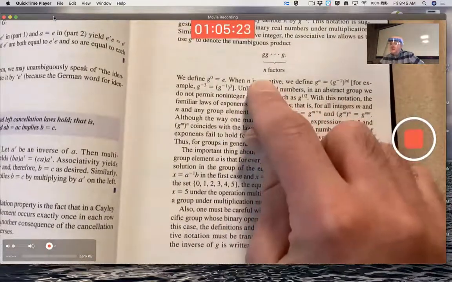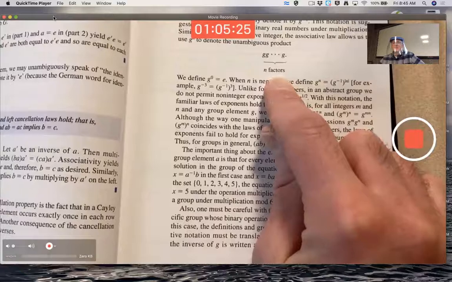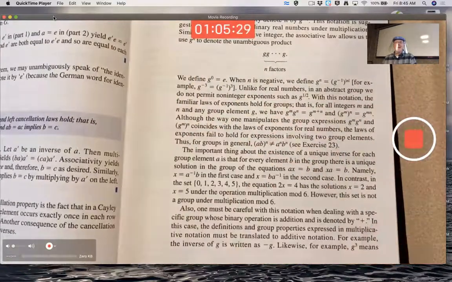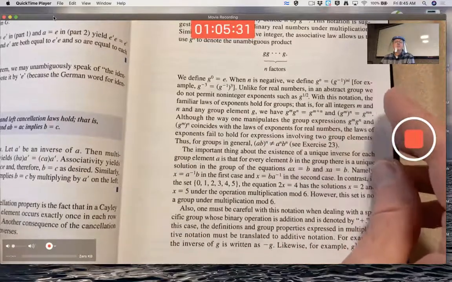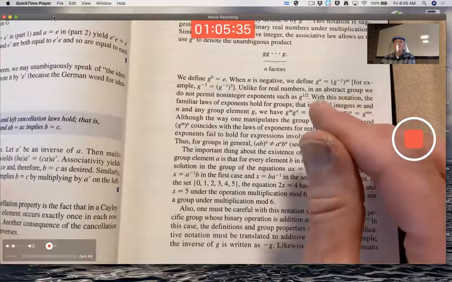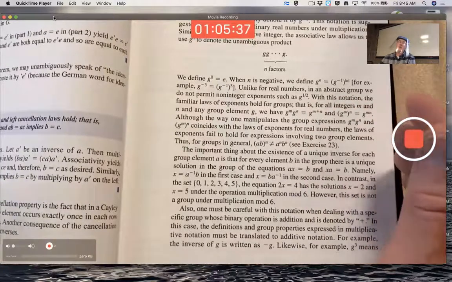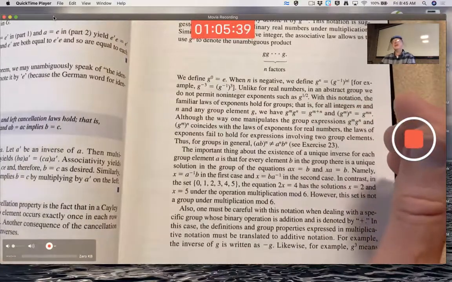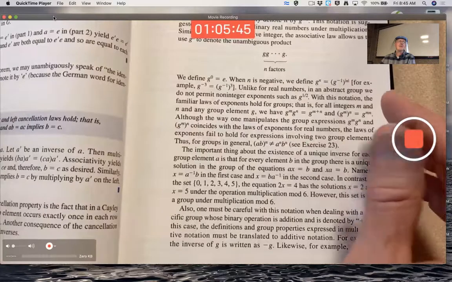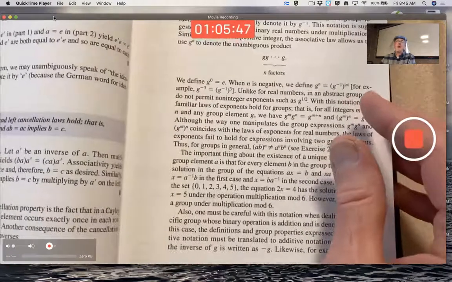Notationally, G times itself n times is written as G to the n. In an additive group, you'd write n times G, where G is a group element and n is an integer. And you're not doing times in the usual sense of the word. G might not be a number.